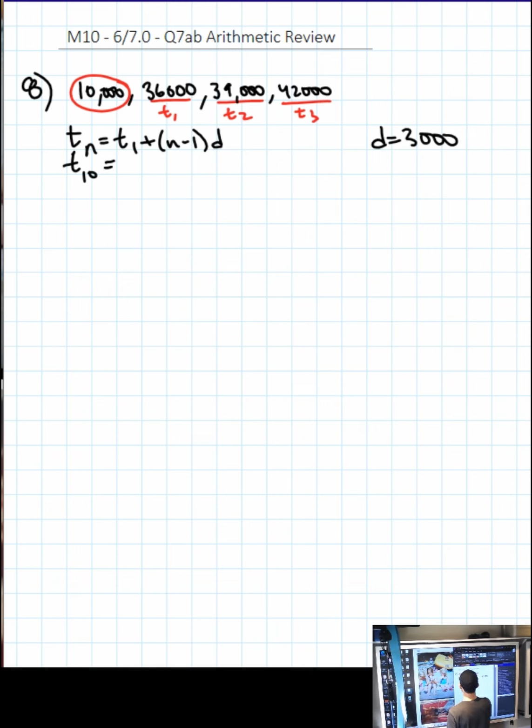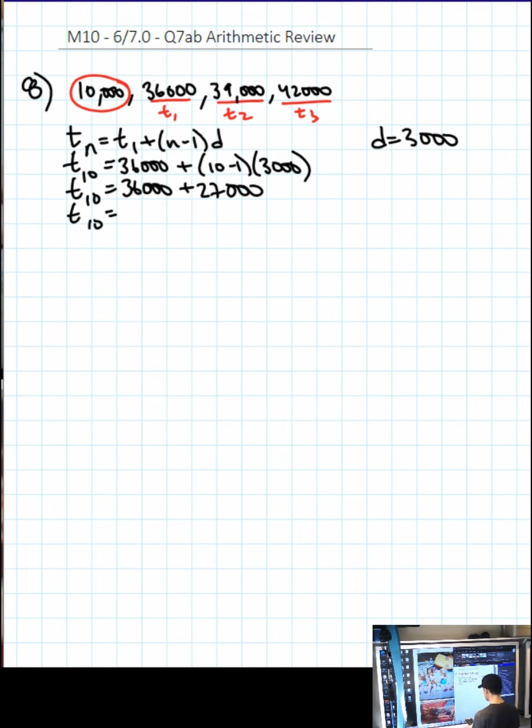T10 equals our first term, 36,000 plus (10 minus 1) times d. Therefore, T10 equals 36,000 plus 9 times 3, which is 27,000. T10 equals 63,000, and you will make $63,000 in your 10th year at work given that scenario. Don't get confused with the red herrings.